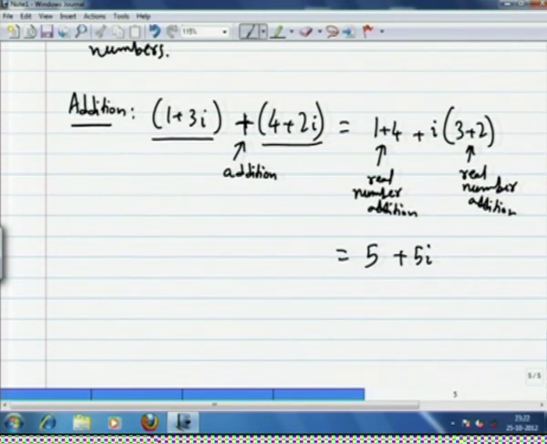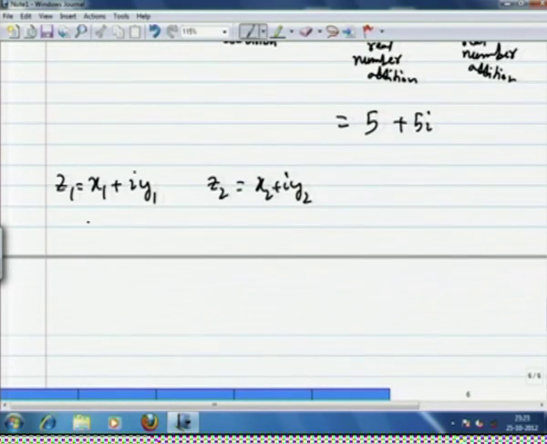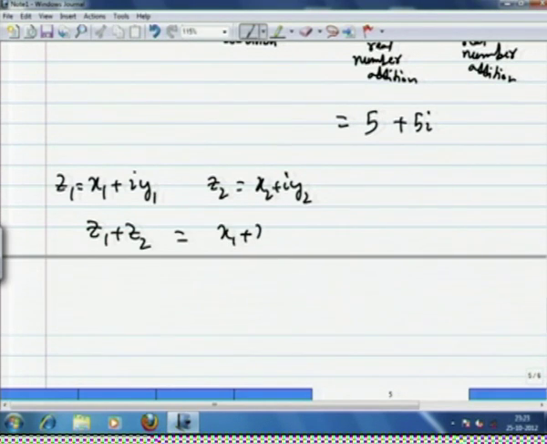So, that is the addition. You add a complex number z 1 equals x 1 plus I y 1 to a complex number x 2 plus I y 2 to get x 1 plus x 2 plus I times y 1 plus y 2. So, that is your rule for addition.